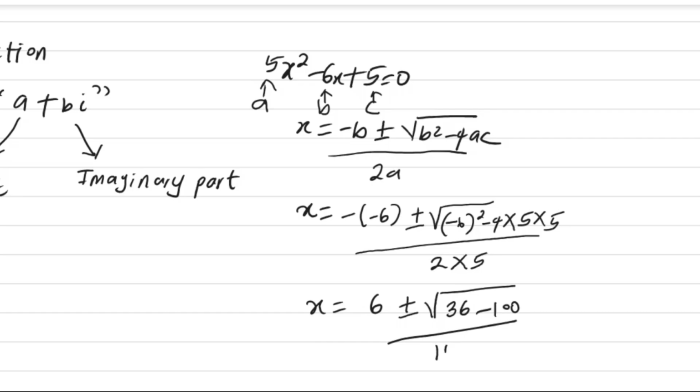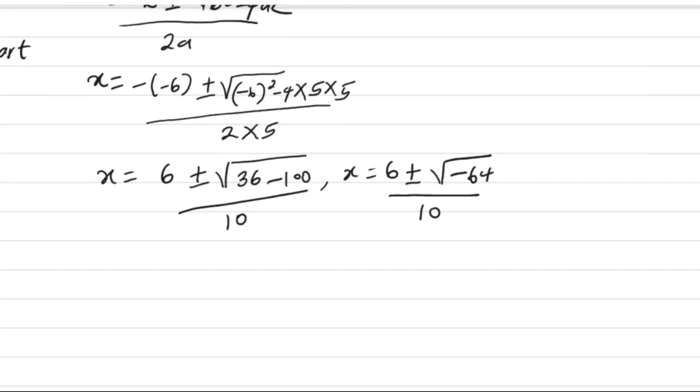Divided by 2 times 5, which will give us 10. Now from here, it can be noted that our x will give us 6 plus or minus square root of 36 minus 100 will give us minus 64. Everything divided by 10.